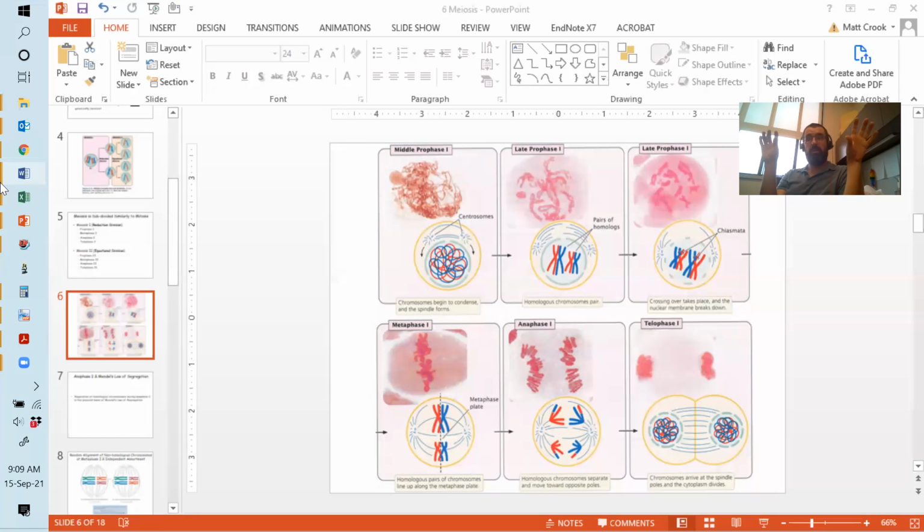This gamete would be 1 in 8.4 million. So the number of possible outcomes from random fertilization and random alignment of chromosomes is 8.4 million times 8.4 million.